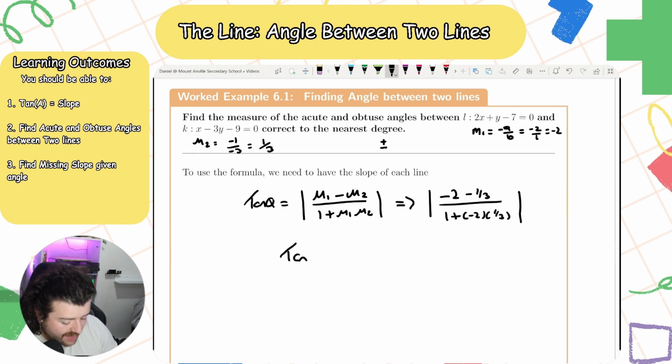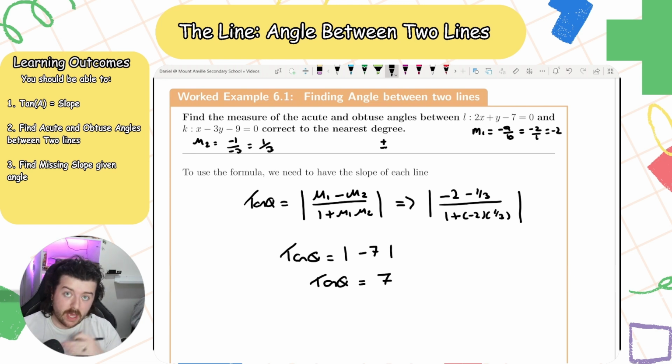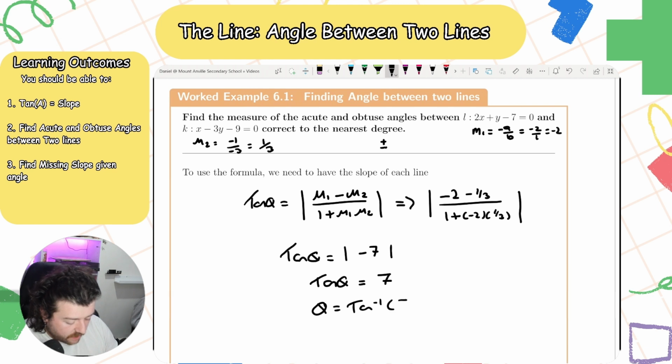So tan of the angle is equal to the absolute value of, I believe, minus 7. So tan of the angle is equal to positive 7. This is going to give me my acute angle because it's a positive number. So my angle is equal to tan inverse 7, so my acute angle is going to be roughly 82 degrees.